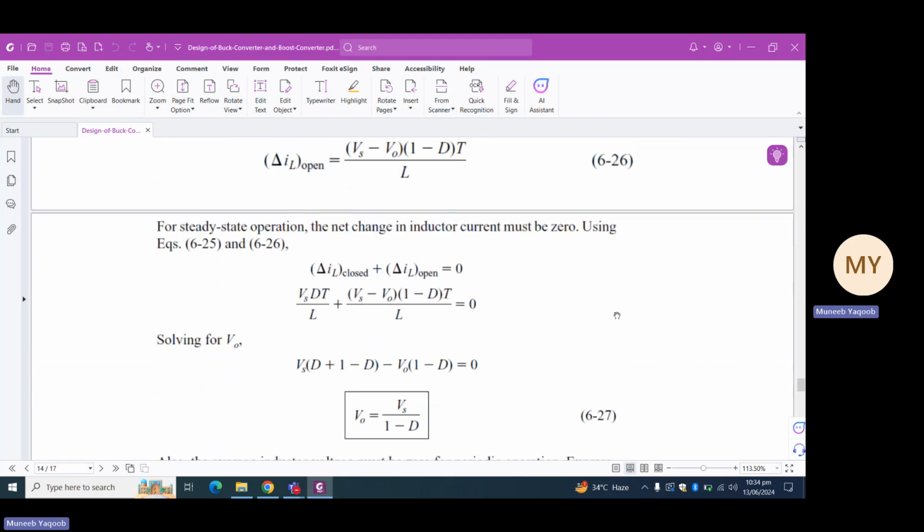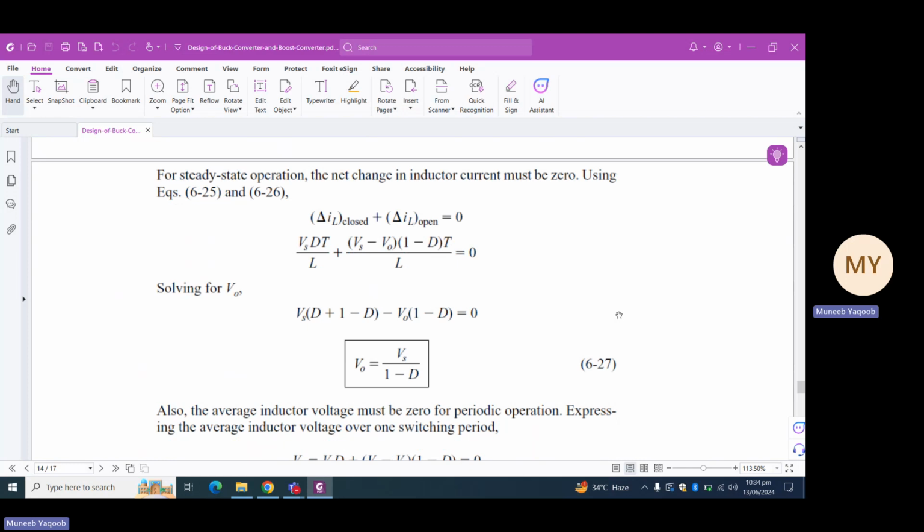Following the same pattern, we added delta IL closed and delta IL open, and we got an expression. If we make V out the subject of this expression, we get it as Vs upon 1 minus d.